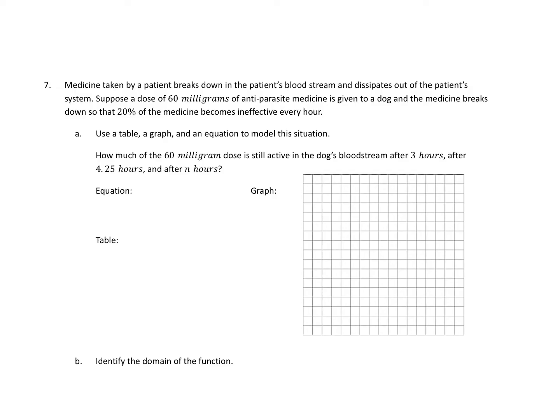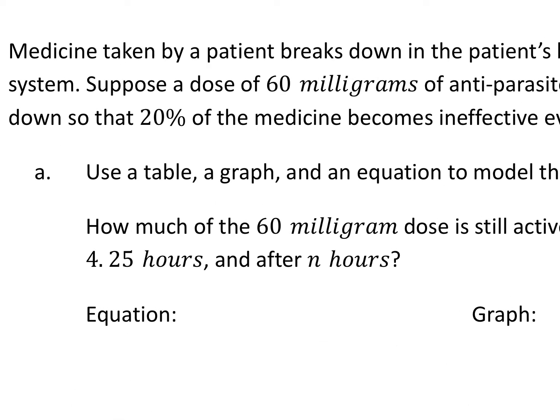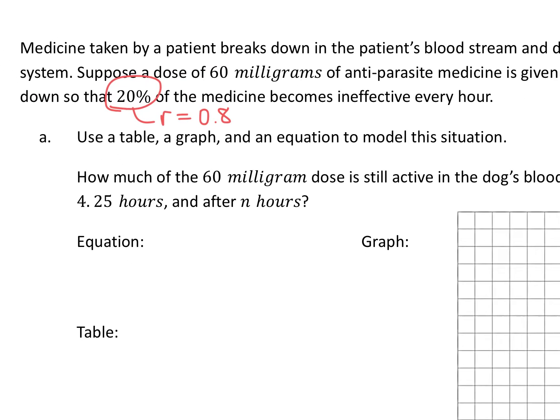That's definitely, if we talk about our vocab from Unit 1, that's definitely geometric. And when we talk about losing 20% effectiveness, our common ratio is actually what we're keeping. So we're losing 20%, we're actually keeping 80%. So ours is going to be 0.8.